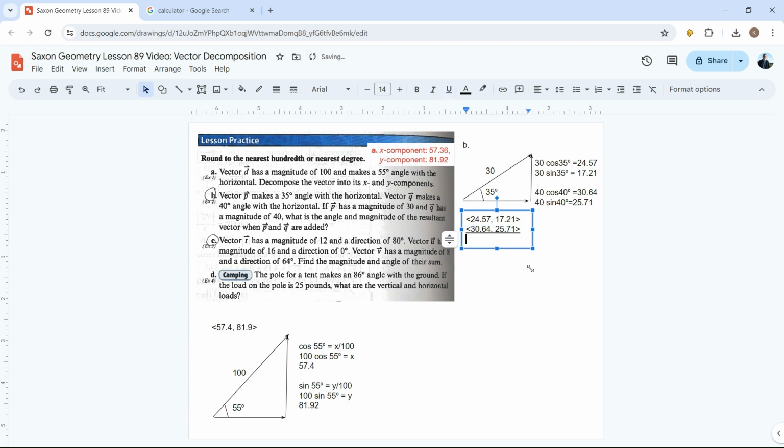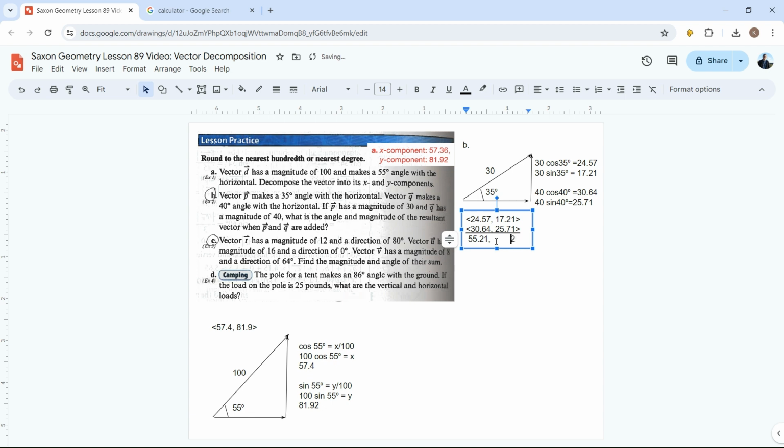And when I add them, I could probably try to add here long form. This is going to be 1, 11. I'm going to carry the 1. 6 plus 5 is 11, plus an additional 1 is 12. I carry another 1. 4 plus 1 is 5. I've used up all my carried 1s. 2 plus 3 is 5. This should be 55.21. And then on the other side, these are a little easier to add.